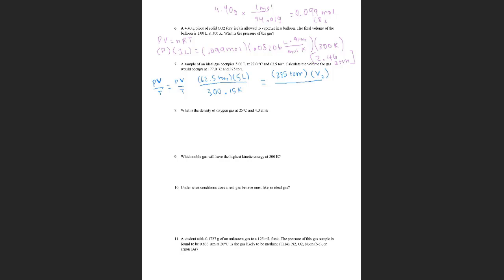And what's our final temperature? 273.15 is going to be more accurate for the Kelvin conversion. Yeah, 450.15 is our final temperature in Kelvin. Okay, so go ahead and do the math out with this problem and find our final volume.